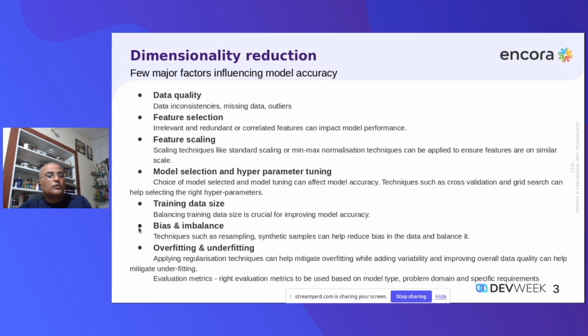I quickly talked about overfitting and underfitting. Overfitting is basically when the model is trained on an extremely complex data set, and as a result, it has learned something which it's not supposed to learn, something not really required.